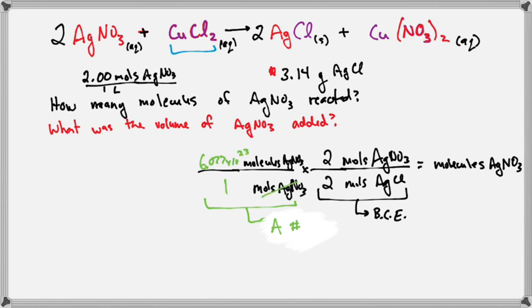If we track our units, the moles of silver nitrate would be canceled, and I would get molecules of silver nitrate. Hell yeah, I want that. But I don't want moles of silver chloride. So what does that mean I have to do? That has to cancel out. So I need moles of silver chloride to appear in the numerator. Do I know the moles of silver chloride?